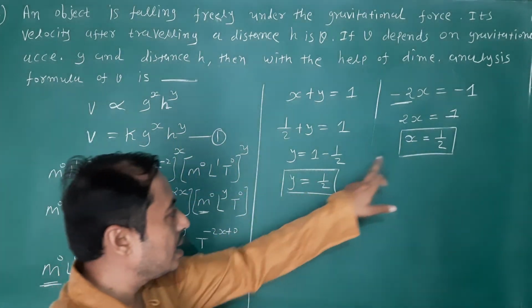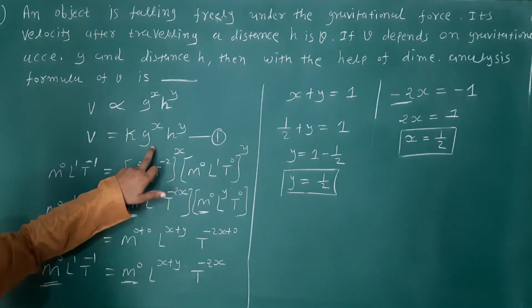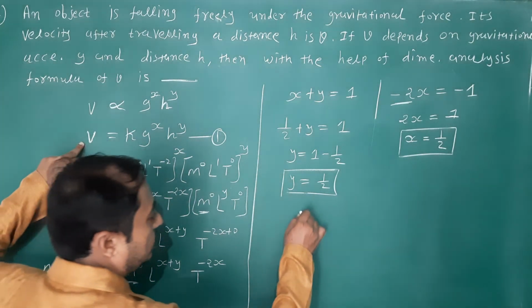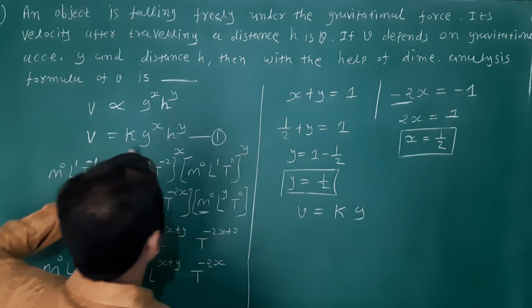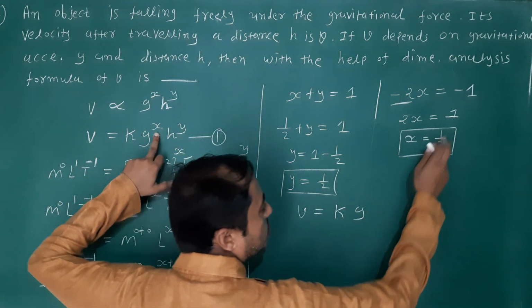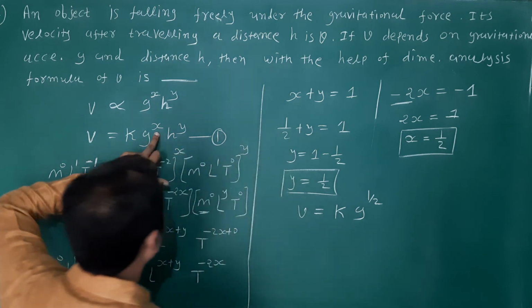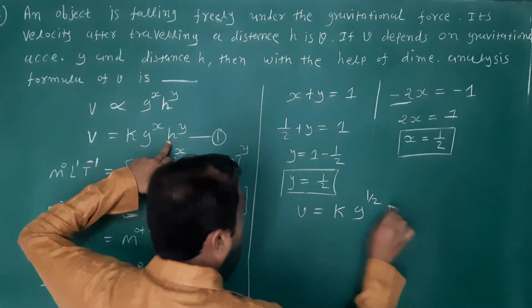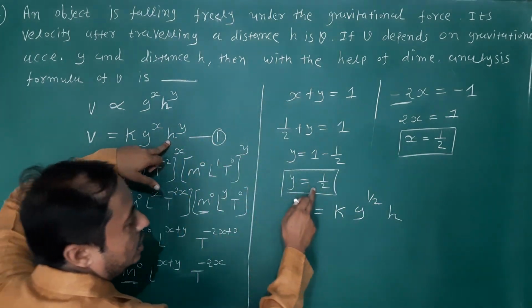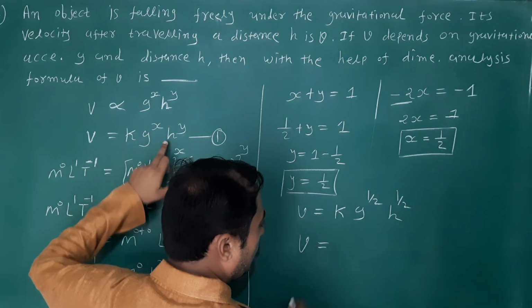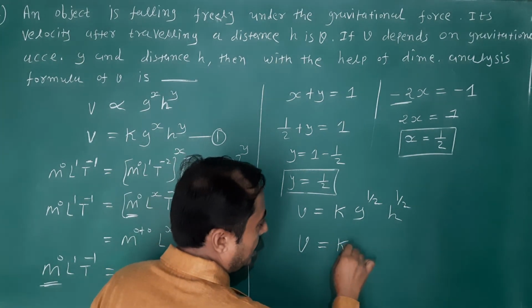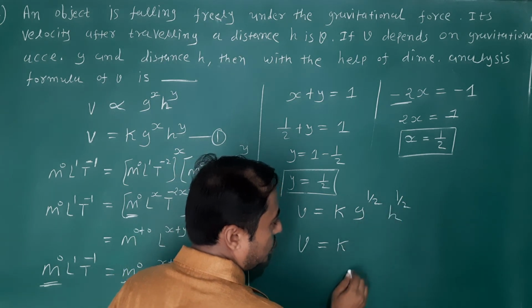These values are substituted in equation number first. So we can write v is equal to k g raised to x, x is 1 by 2, h raised to y, but y is equal to 1 by 2. Friends, here now we want to remove raised to 1 by 2.